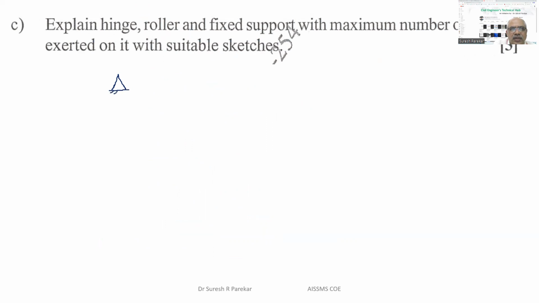Hinge or simply supported we have in this fashion, and two reactions act on it. The first reaction is perpendicular to the plane of the support and the other will be perpendicular to the first. So we are going to have two reactions at simple or hinge support.